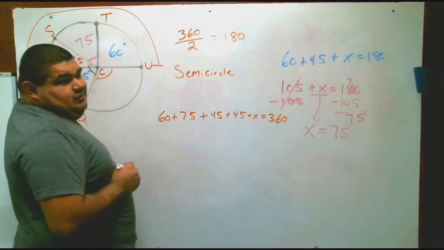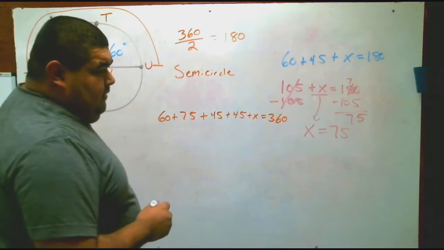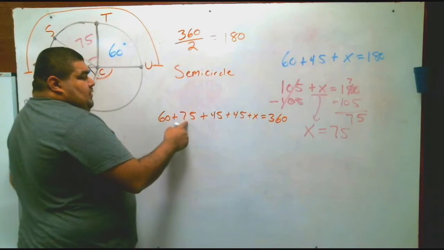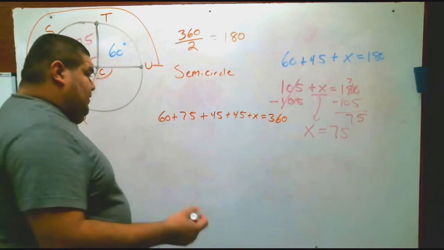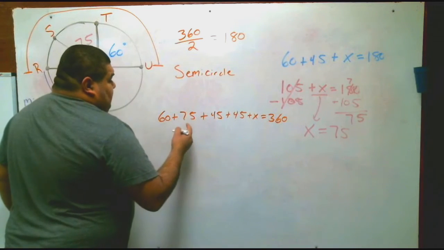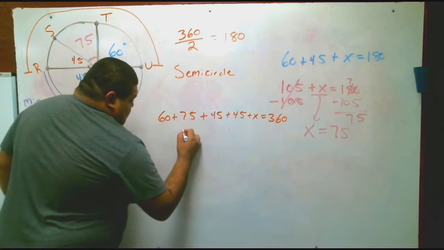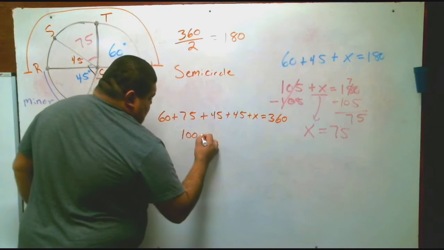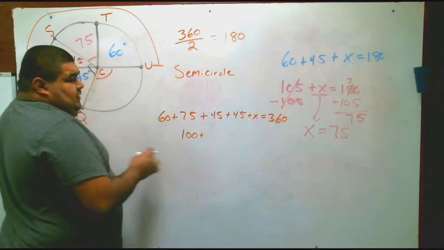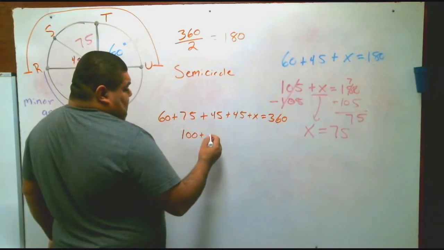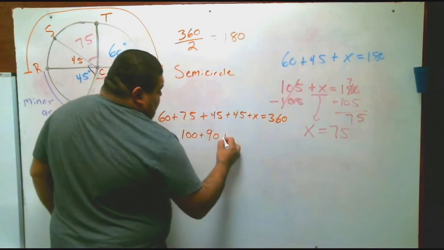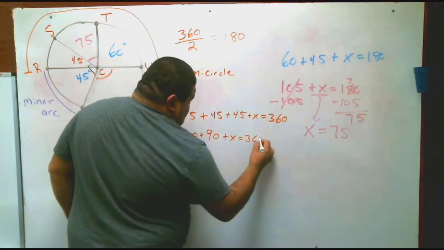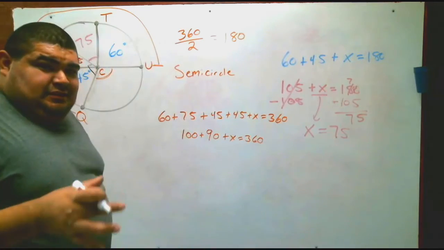Any suggestions? I'll tell you what. How many do we need here to get to 100? 25, right? So we can say 100 plus, if we combine the two 45s, we have 90, right? Plus X equals 360. I always like to make it easy.